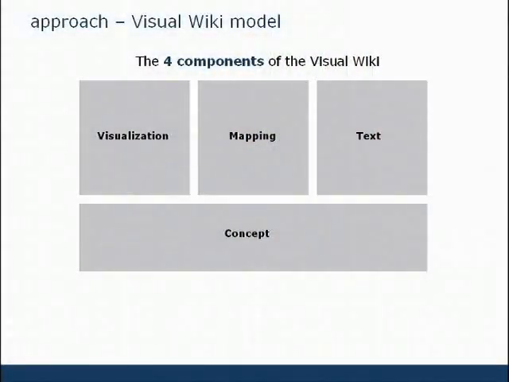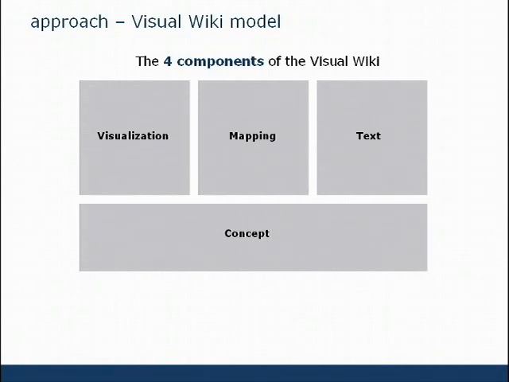And what we want to do is explore how we can actually make use of such a mapping to do interesting knowledge management activities. So in thinking about that, what you have is four components. You've got, on the one hand, the visualization, on the other hand, the textual wiki stuff.